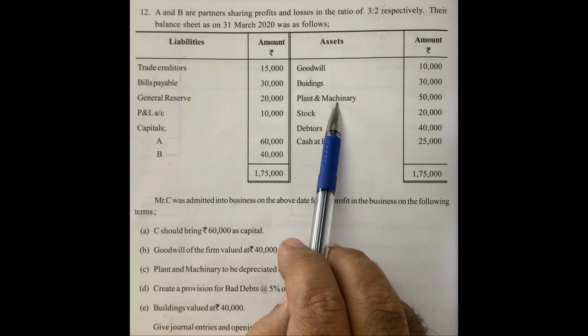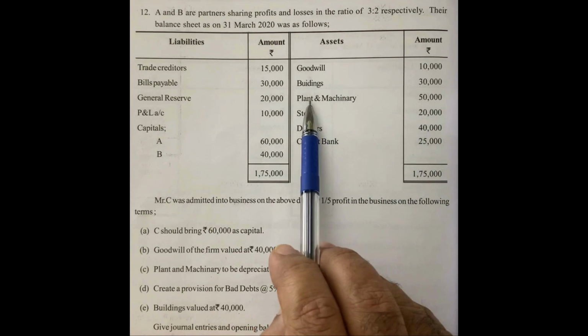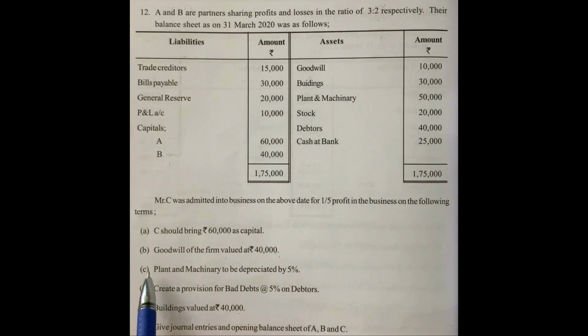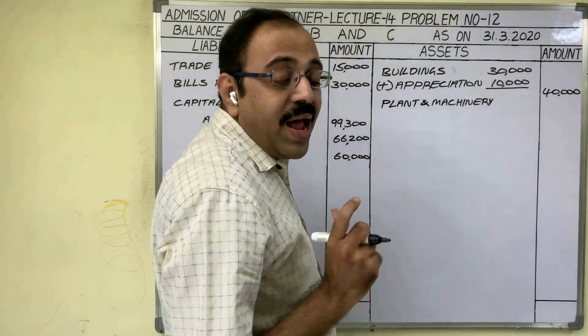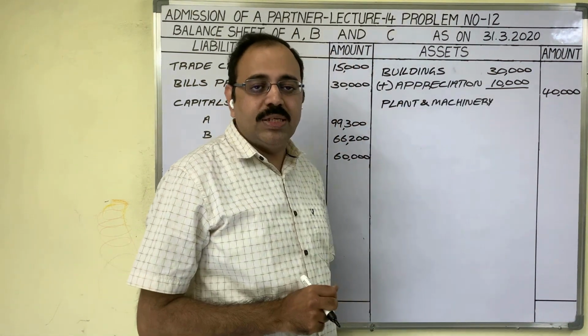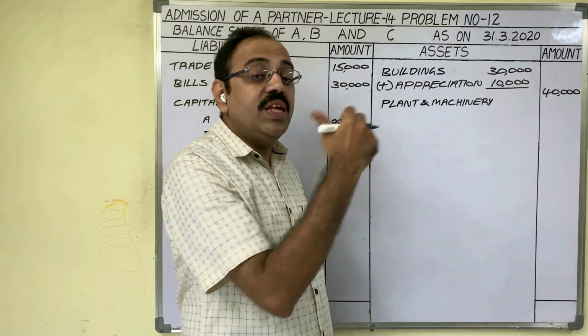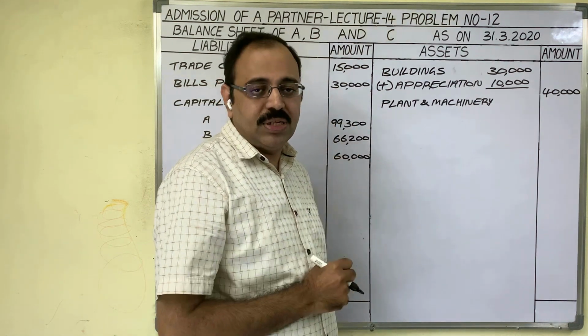Next, plant and machinery 50,000 rupees. Related to plant and machinery, plant and machinery to be depreciated by 5%. In old balance sheet, value is given as 50,000 rupees. And market value of this asset is reduced by 5%.